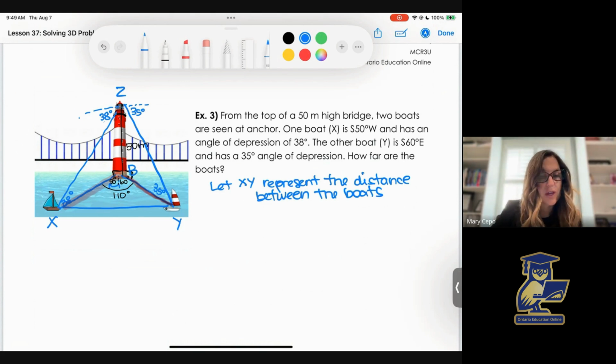Now, if you're looking at those two triangles, those are two right angle triangles. So we do have the height of the tower there. Okay, so top of the high bridge, that is a 50-meter distance. So we do have that height, which will help us.